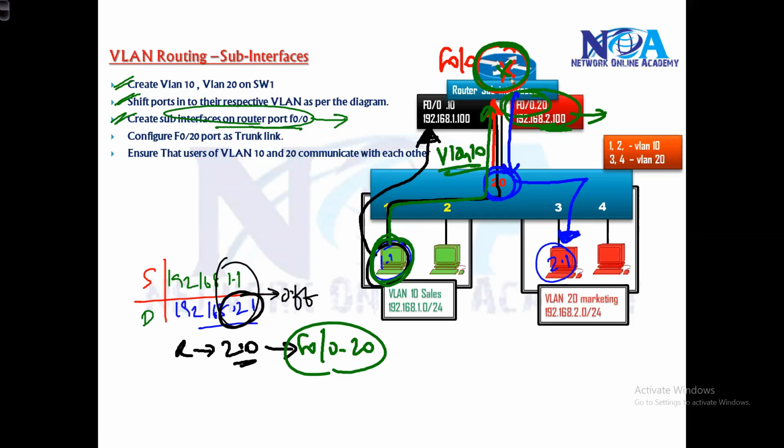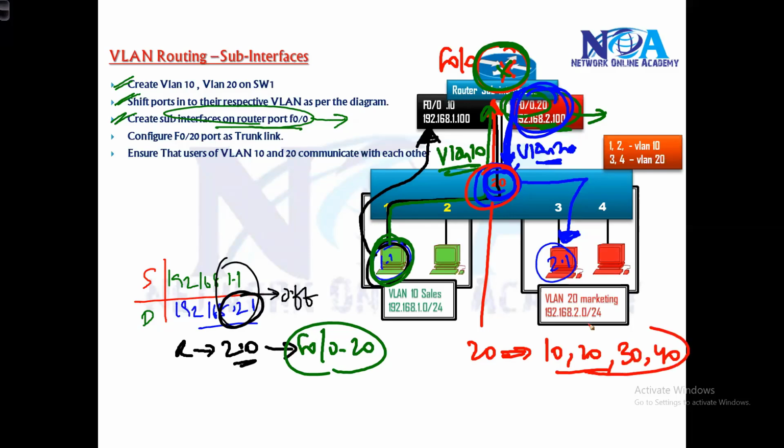Once it reaches the router, and the router is sending it back on the same port number 20, it is received back as a VLAN 20 packet, because the packet is routed on F0/0.20, which belongs to the gateway of VLAN 20. So what is happening here? Port number 20 is carrying the VLAN 10 traffic as well as VLAN 20 traffic. If you have VLAN 30 and VLAN 40, it is carrying those also.